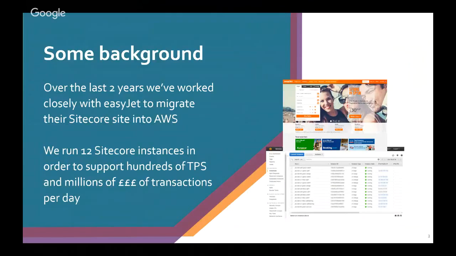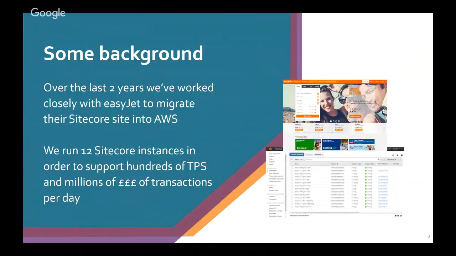In the production setup we're dealing with, it is actually all AWS, and I know that goes a bit against the mantra of some of the Azure stuff that we've seen earlier, but I think a lot of the concepts are pretty common. You'll see similarities between the two providers. For our production stack, we've got 12 Sitecore instances, and they're handling hundreds and hundreds of transactions a second.